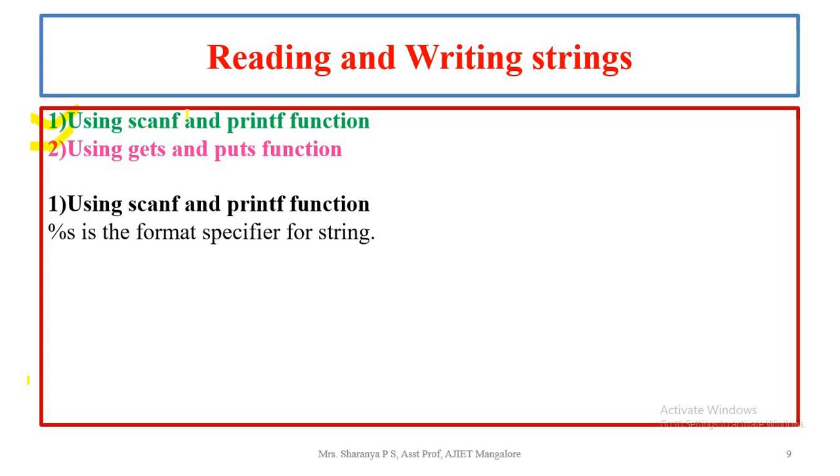As we know, scanf acts as an input function. Gets is also an input function because it is responsible for reading the input from the user, whereas printf and puts are responsible for displaying the output back onto the output screen. That's why they are called output functions.